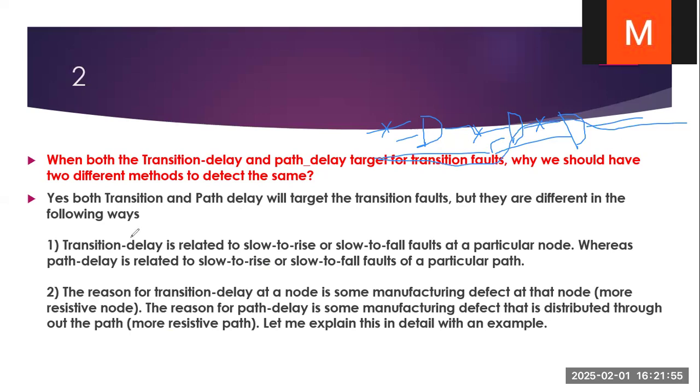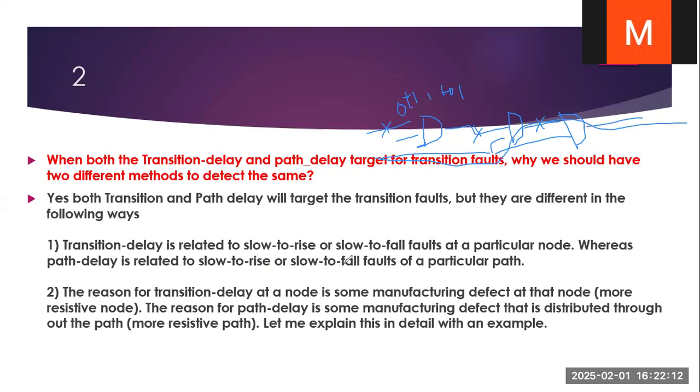Okay, now we'll read out the answer. Yes, both transition delay and path delay target the transition faults, that means 0 to 1 or 1 to 0. But they are different in the following ways.